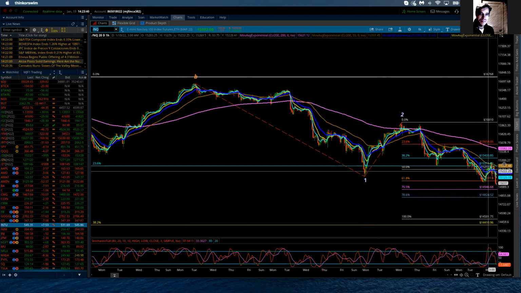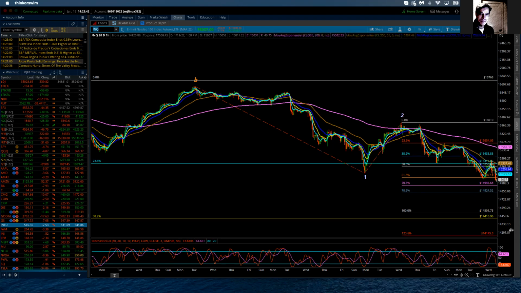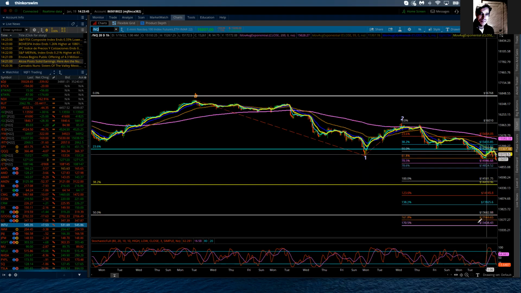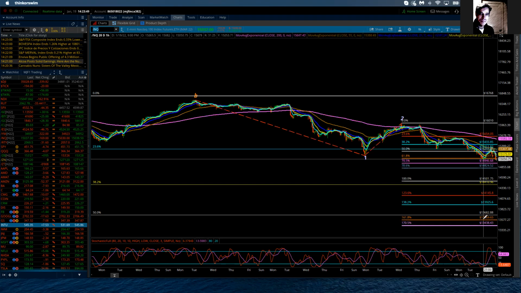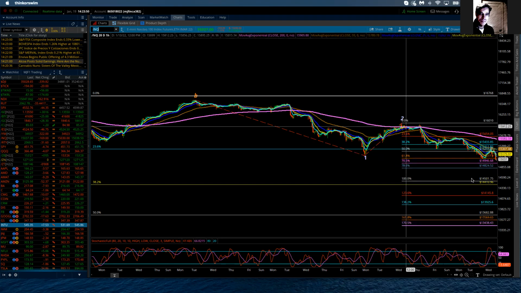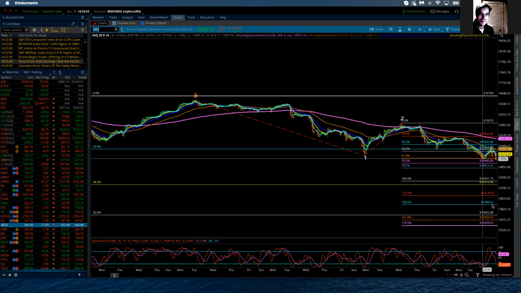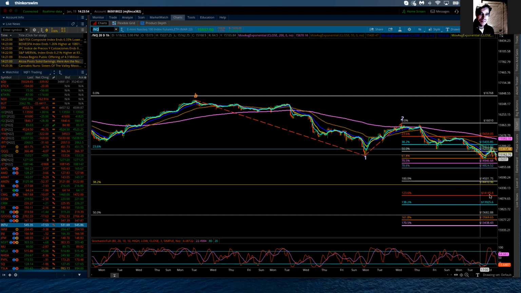And then we get a 4 and then a 5. So we're looking for the possibility of this next lower level to complete minute 3, coming down into here possibly, and then we get a minute 4, and then we get a minute 5 that'll bring us back down into here.